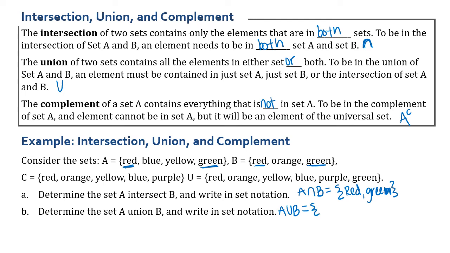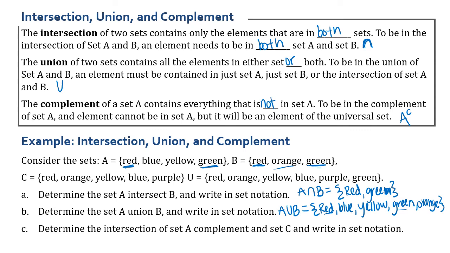What I typically do when I write these out is I write all of the elements in A: red, blue, yellow, green. Now I've listed all the elements in A, including those also in B. Now I need to see what I have left in B that I haven't notated yet. I've said red, I've said green, what I have left is orange. So I'm listing all the elements that are in either set A or set B or both.